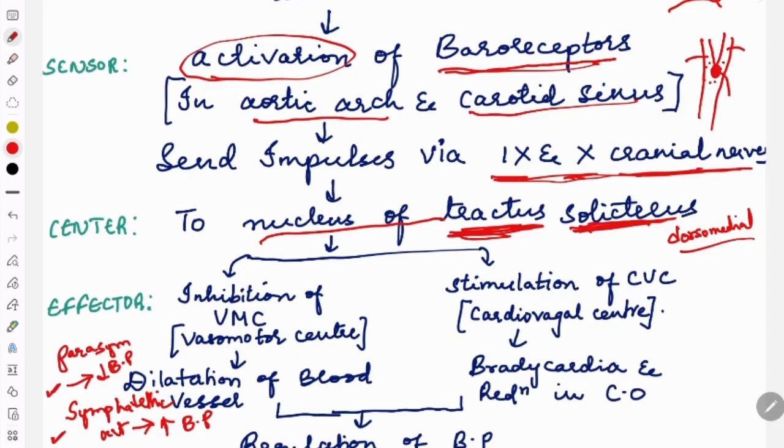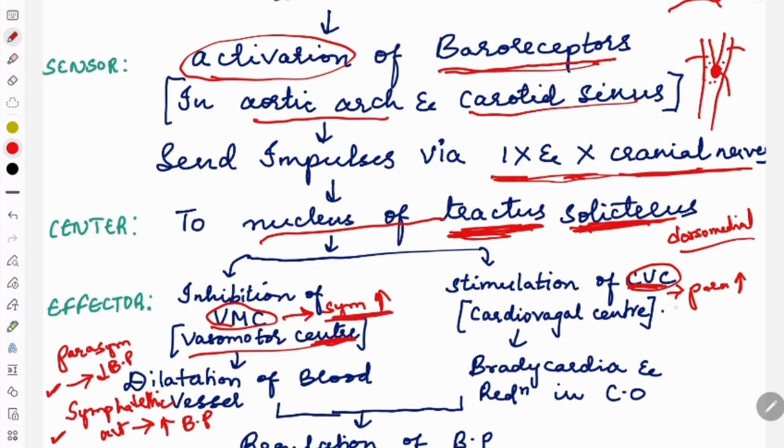Now, what does this nucleus do? Remember the VMC and CVC, these two types of centers. VMC is the vasomotor center, and it is responsible for increasing the sympathetic activity.